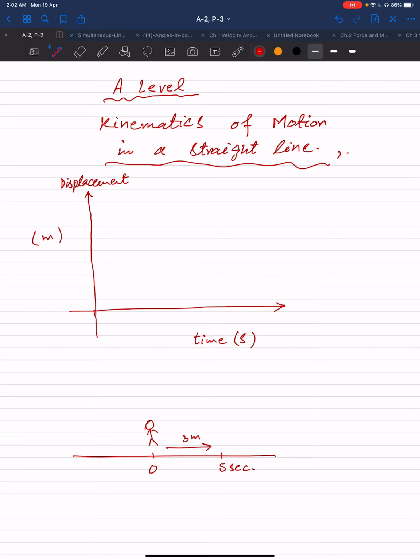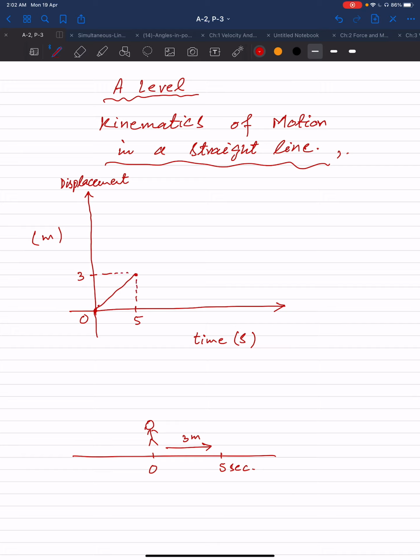So, how are you going to plot this displacement-time graph on the graph paper? At zero time, obviously, it was at zero, and in 5 seconds, it traveled 3 meters. So, it would be like this.